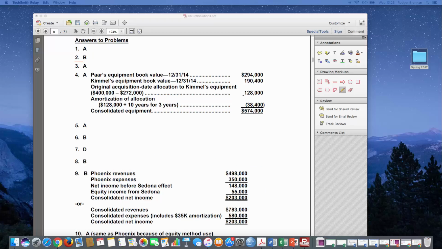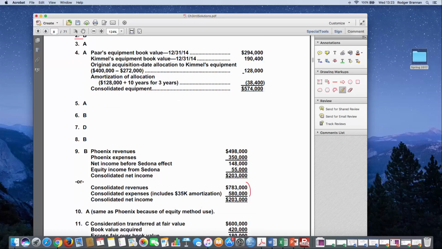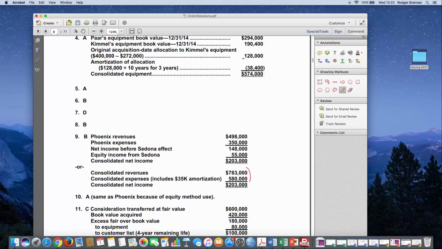Okay, so number 9 is getting at what is the net income that would be reported under consolidation for Phoenix and Sedona? Well, basically, what you would do is, the easiest way I would argue is to look at what would be the consolidated revenues, what would be the consolidated expenses, okay?